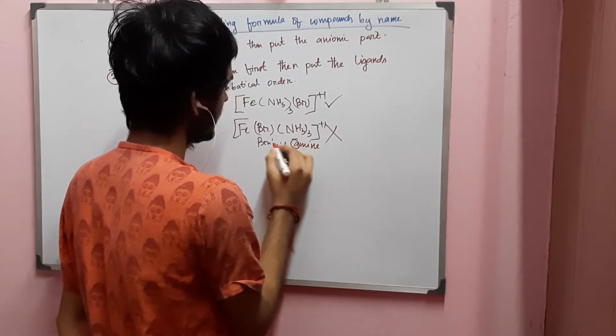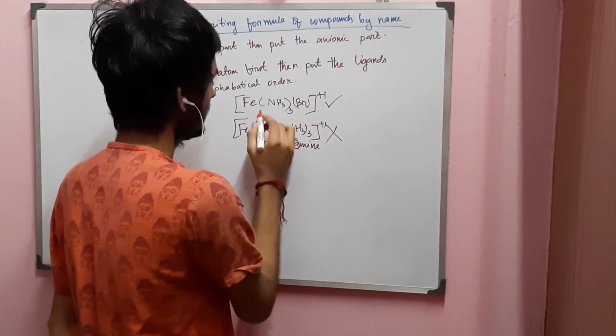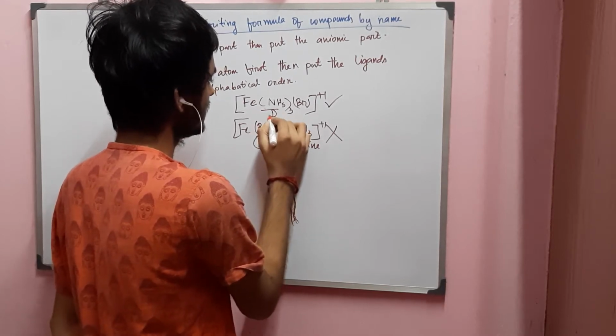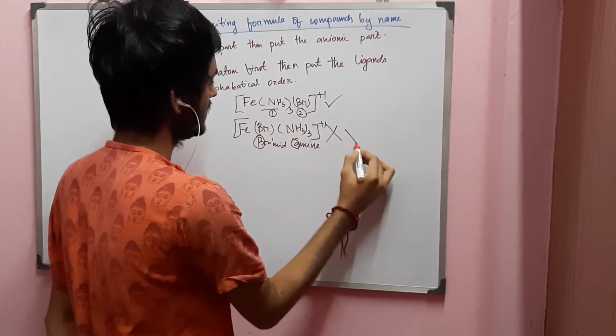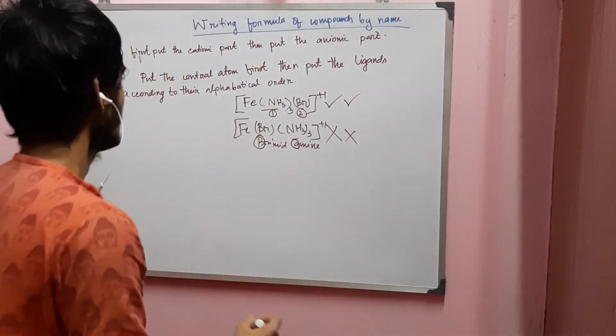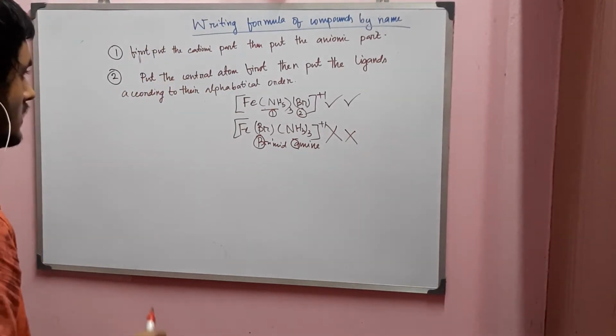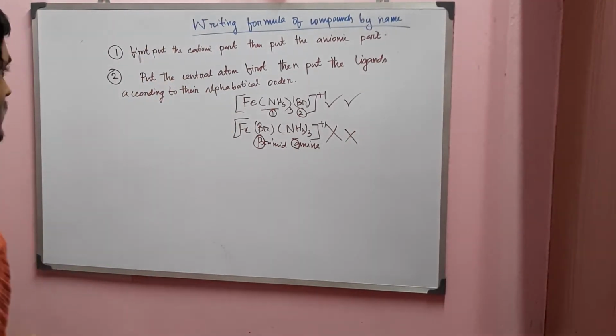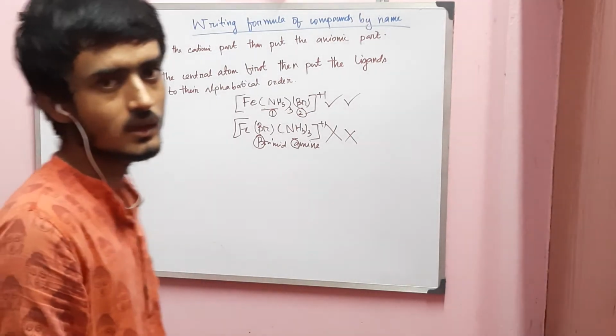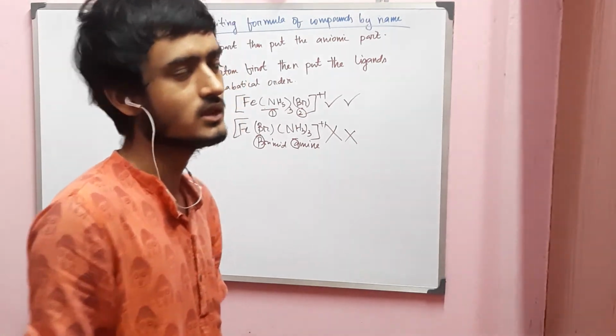So A comes before B, so ammine will be put first, then the bromido. So this is incorrect and this is correct. It is the second point. Okay, so we will be taking some examples to understand this topic further.